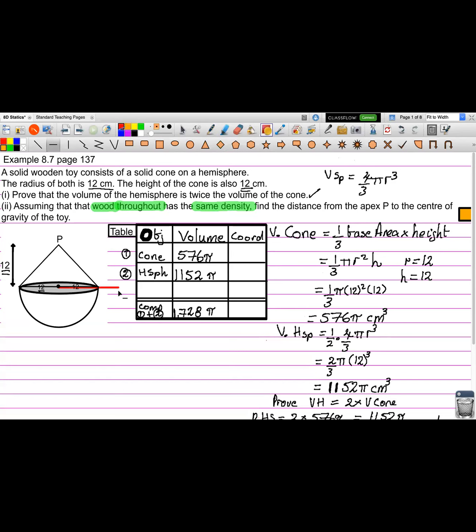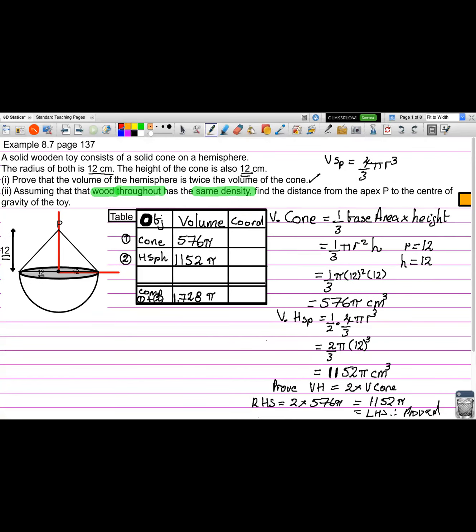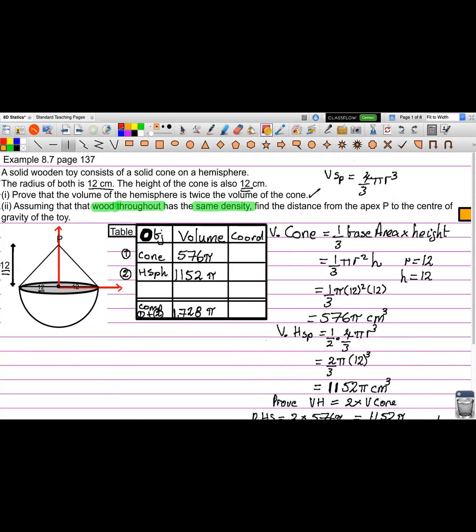There is my x-axis, and this is my y-axis. Now I am deliberately choosing positions for my axes which make my life easier.